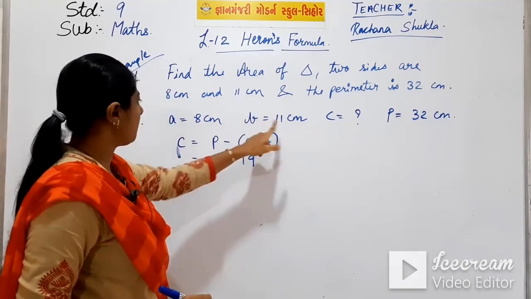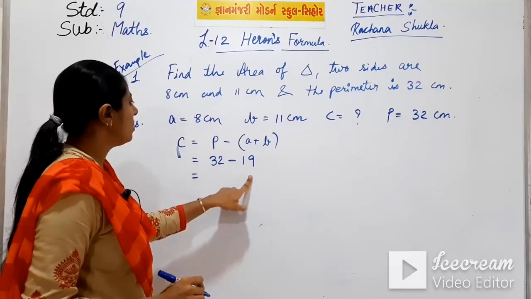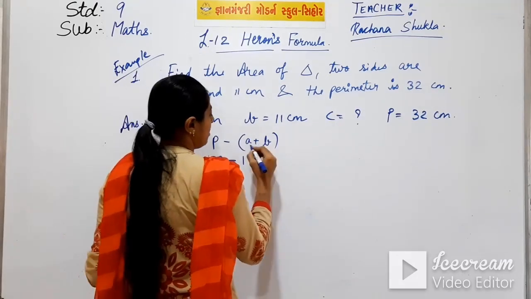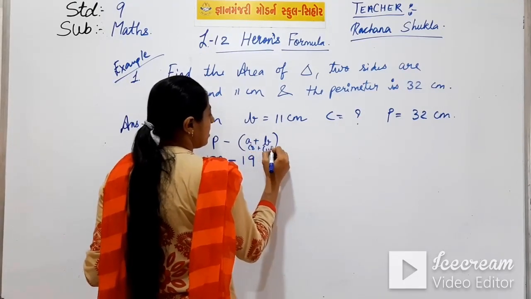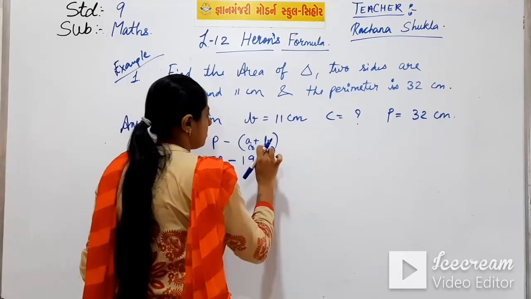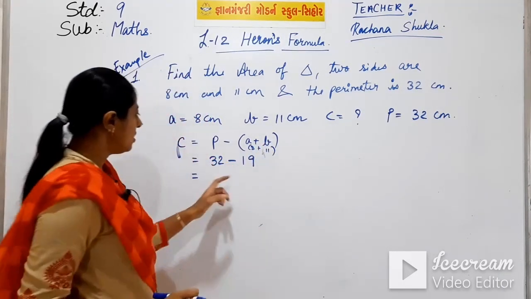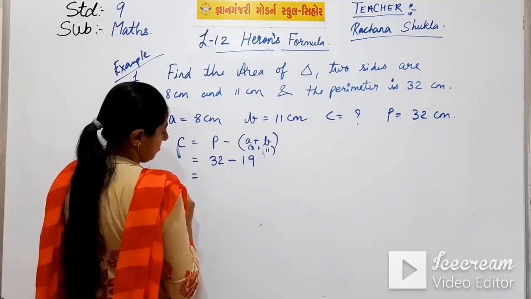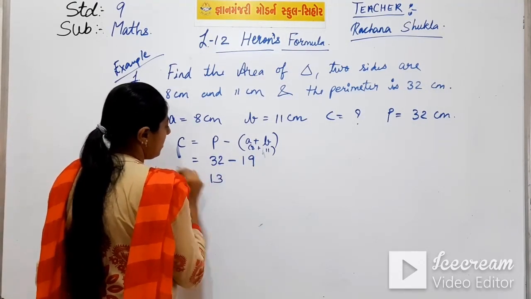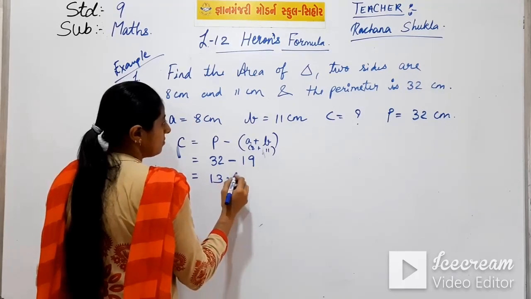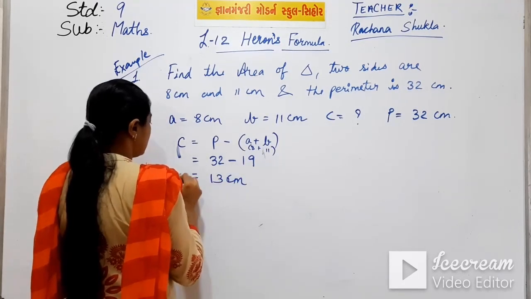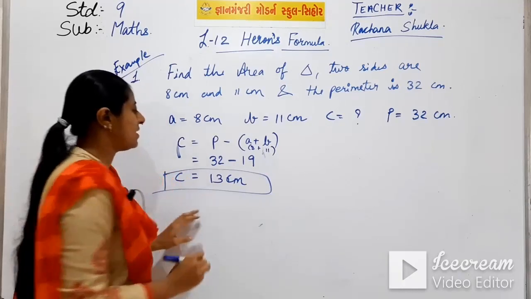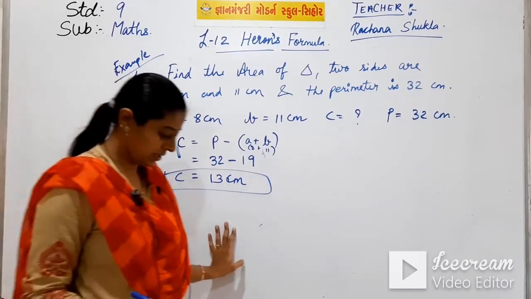Because 8 plus 11 is equal to 19. See, I am writing down here 8 plus 11. So 19. Now 32 minus 19. That will be 13. 13 centimeter. We got C as 13 centimeter.